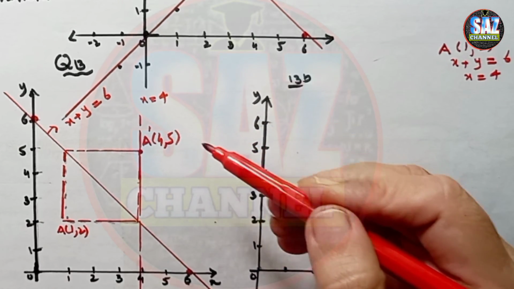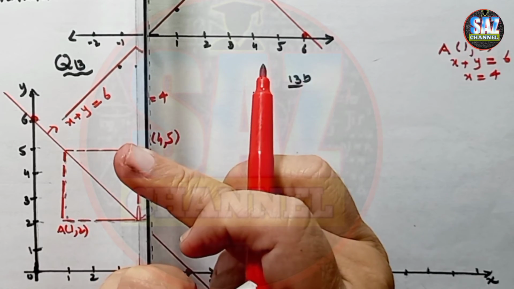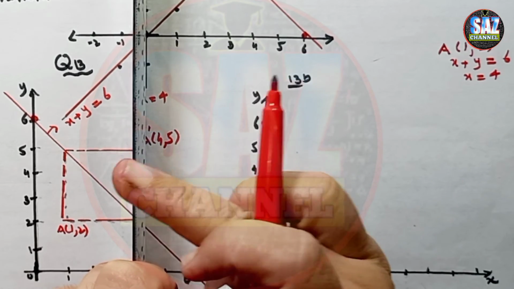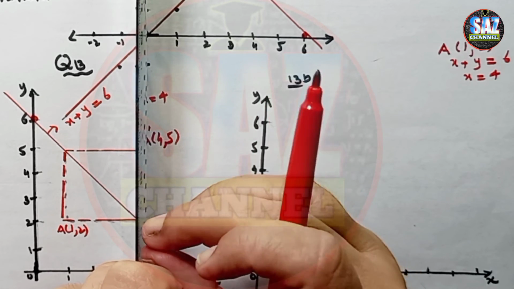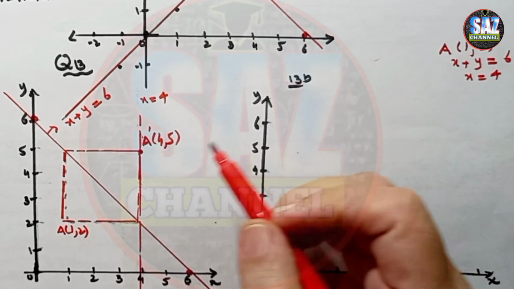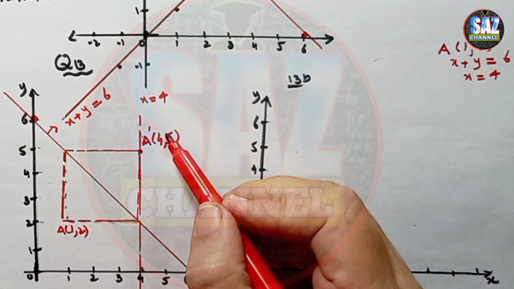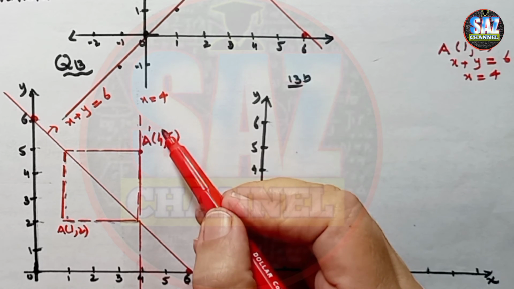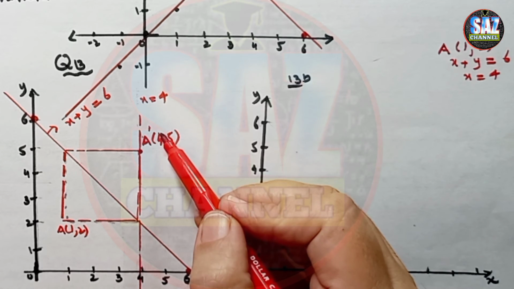The object is coming under the mirror or on the mirror. All the points which are under the mirror or on the mirror remain invariant, unchanged, because they do not have any distance from the mirror line. So this will be the coordinate of the final image in this case.